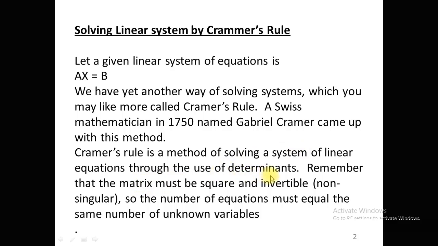So in this lecture today we will again repeat the procedure of the determinant, simple for the 2 by 2 matrix and 3 by 3 matrix. Remember that the matrix must be square and invertible. Invertible means the matrix will be non-singular.